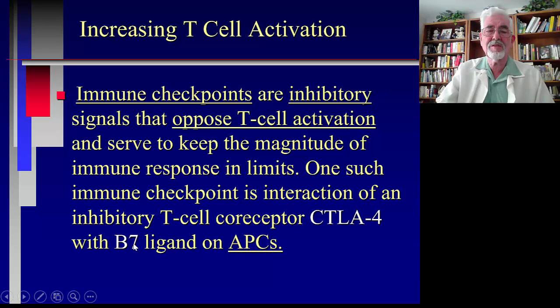The B7 comes from the tumor, and too much of it just blocks the ability of the T cells to be activated. So we have an immune checkpoint. Those receptors have to be protected, and you'll see in the coming slide how they're being protected.